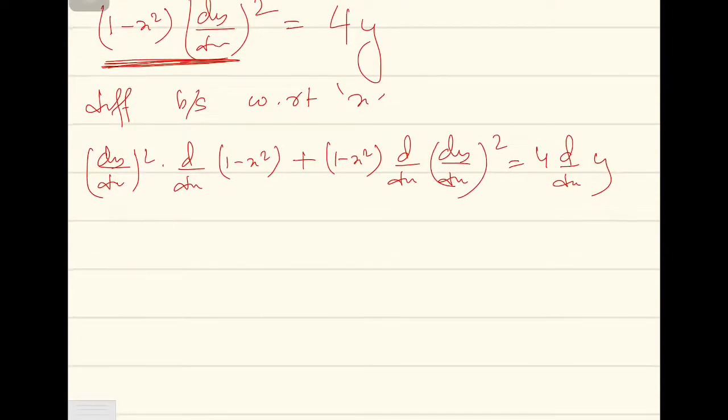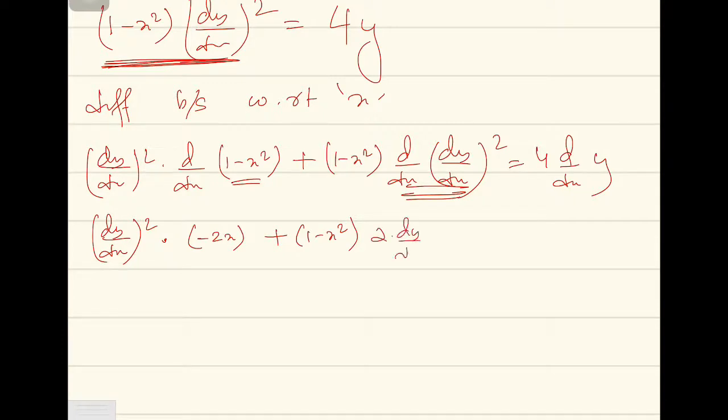So now I can do this: dy by dx whole square into minus 2x, because d dx of this one is minus 2x, plus 1 minus x square, and you know this, what is d dx of dy by dx whole square, we have done it earlier, 2 dy by dx into d2y by dx square, chain rule. I have to first do the power, then do the inside one.